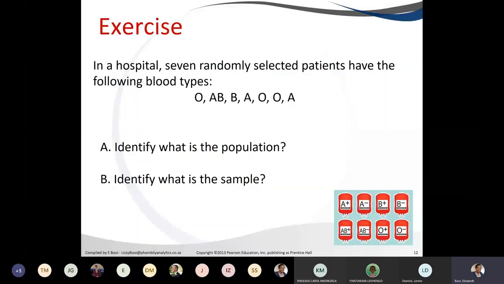In that case, identify what is the population from that. After you have identified what your population is, identify what your sample is. You have 1 minute.